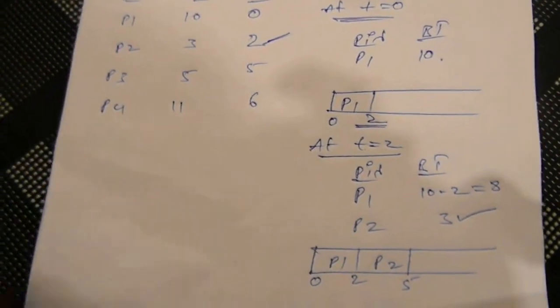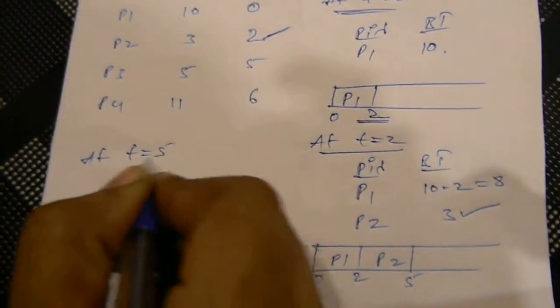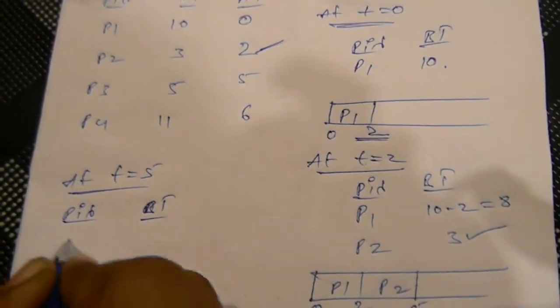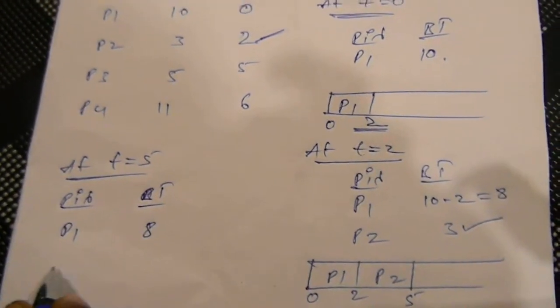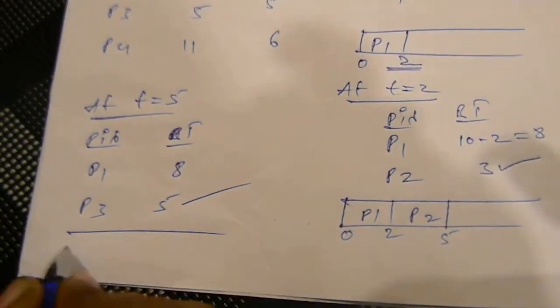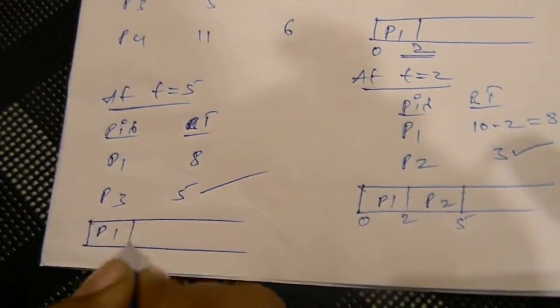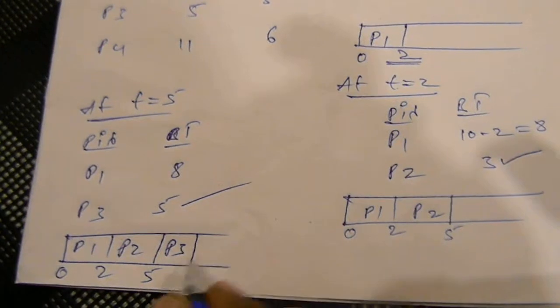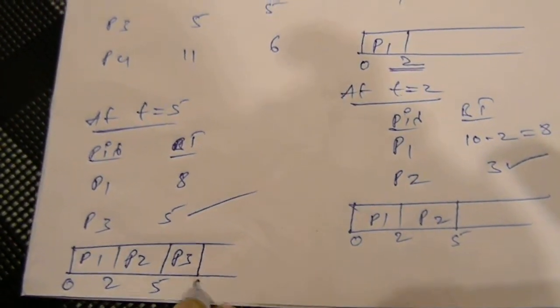Now in the ready queue at t equals 5 milliseconds, there are P1 with 8 milliseconds burst time and P3 with 5 milliseconds burst time. Now P3 starts execution, and it executes for only 1 millisecond, that is up to 6 milliseconds. At t equals 6, the processes and burst times are P1, P3, P4 with 8, 4 and 11.